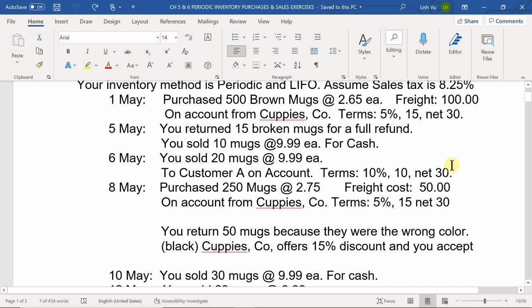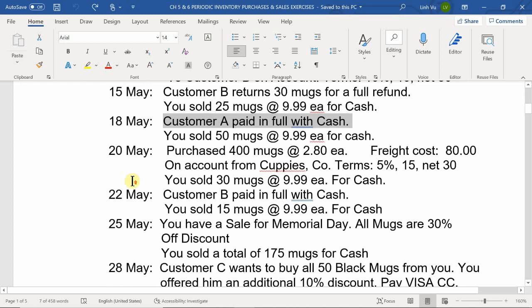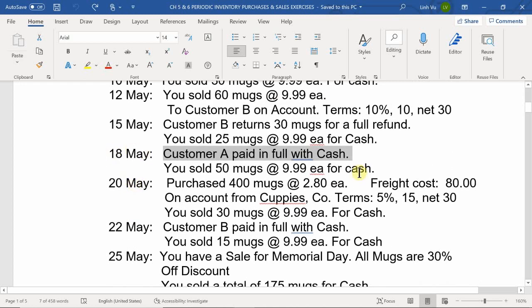Okay. Now here, we gave customer A some terms. Let's see. Did customer A meet the discount? Nope. May 6 plus 10 days is May 16. In this case, they just missed the discount period by 2 days.